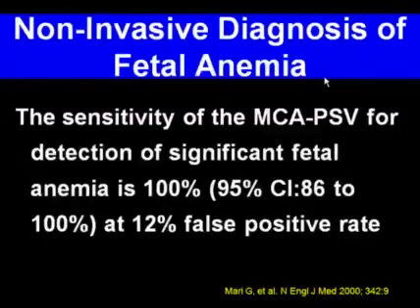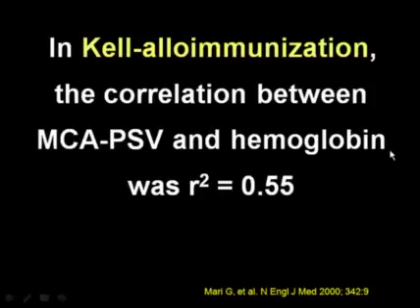In this study, the conclusion was that the sensitivity of the middle cerebral artery peak systolic velocity for detection of significant fetal anemia is approximately 100%, at a 12% false positive rate. We also found that in alloimmunization, the correlation between middle cerebral artery peak systolic velocity and hemoglobin is good.